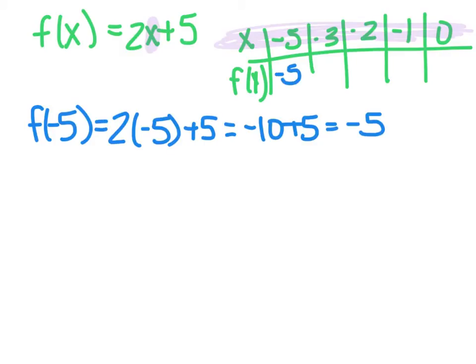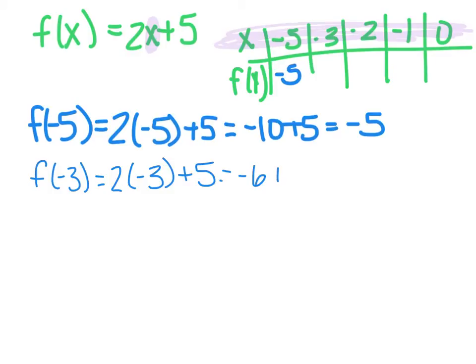So that's our first value in our table. Then we're going to do the same thing with negative 3. So f of negative 3 equals 2 times negative 3 plus 5. 2 times negative 3 is negative 6 plus 5, and negative 6 plus 5 is negative 1.